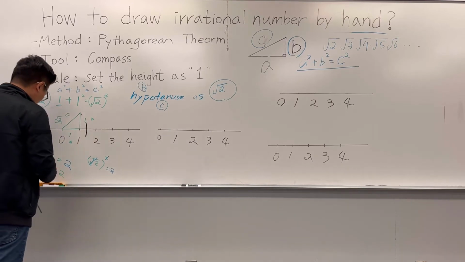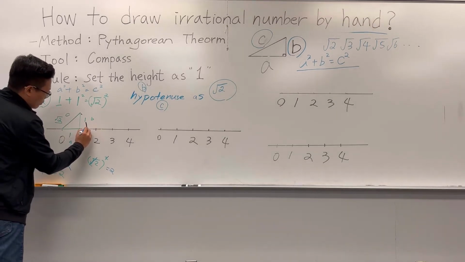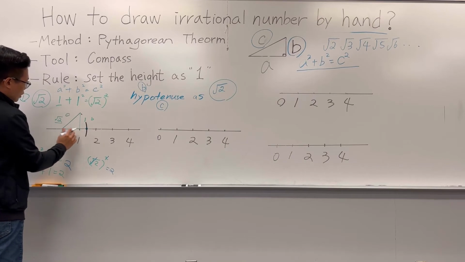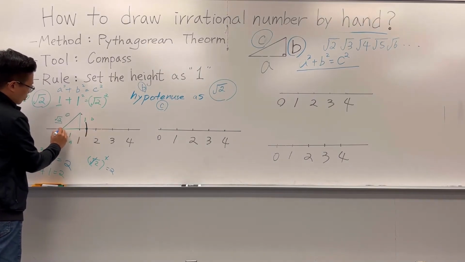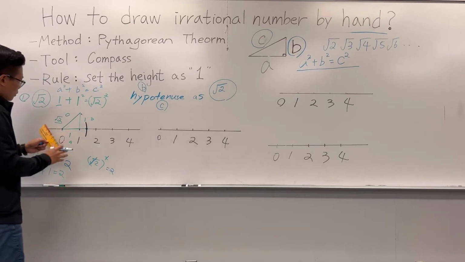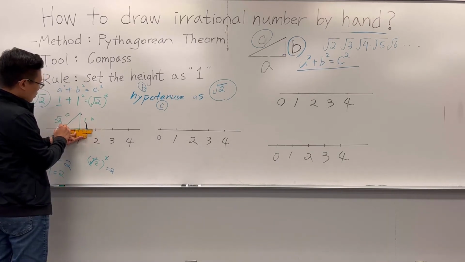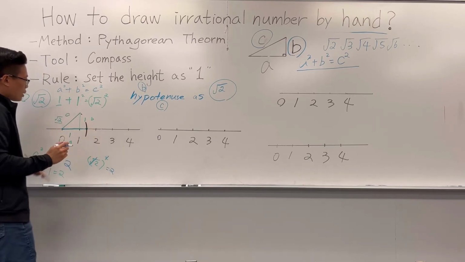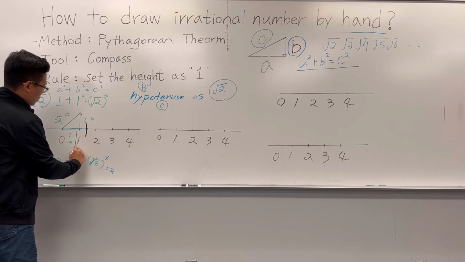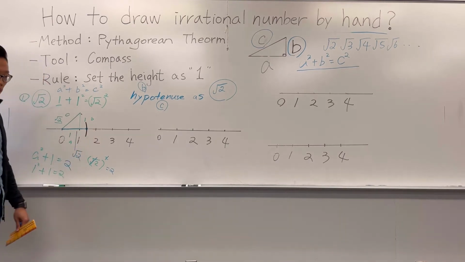Okay. Now this point is this point to 0. This blue line is the square root of 2.